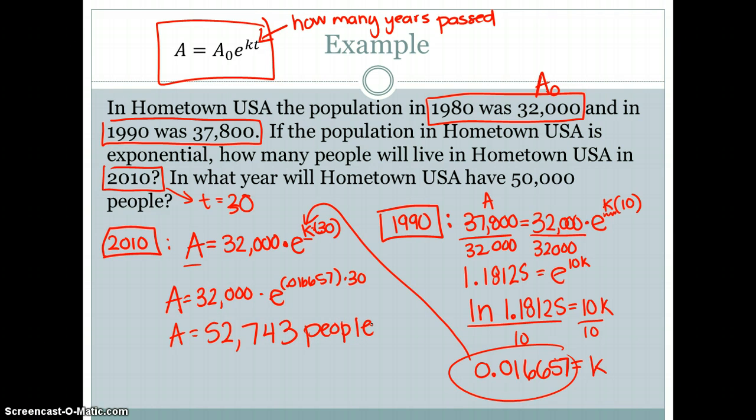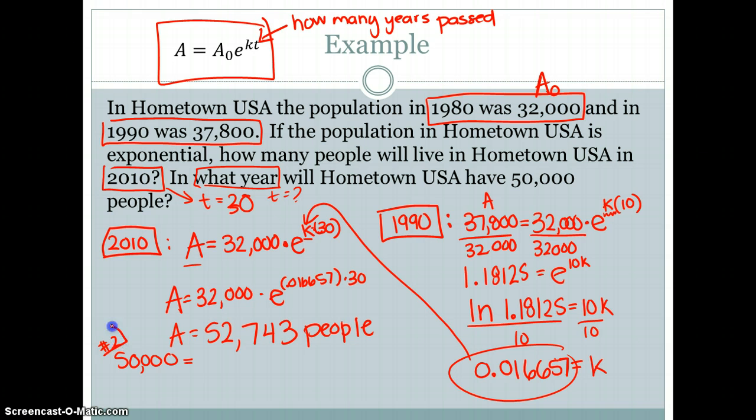So now we know how many people are living in Hometown USA in 2010, and now that we have that k value, we can also solve this second problem. In what year? So we want to know t equals what? Well, they have a population of 50,000 people. So 50,000 people is your final amount, your A value.